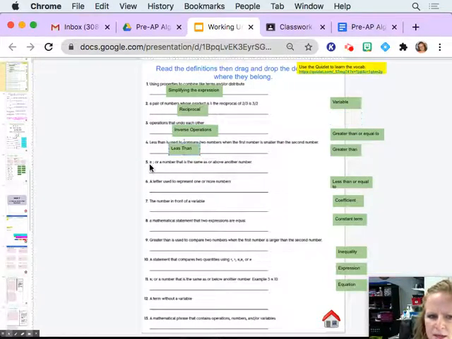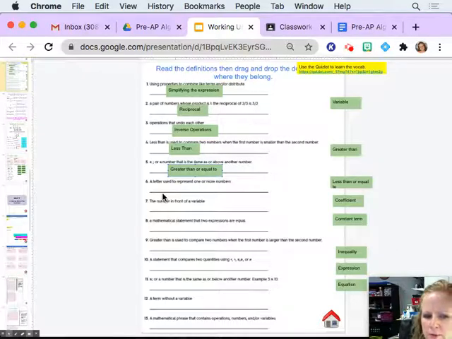Okay. What is that symbol? Greater than or equal to, a number that is the same as or above. So greater than or equal to. A letter used to represent one or more numbers. Variable. The number in front of a variable.